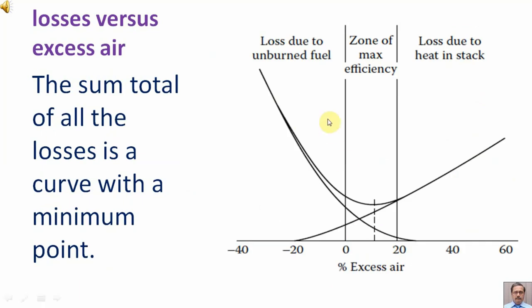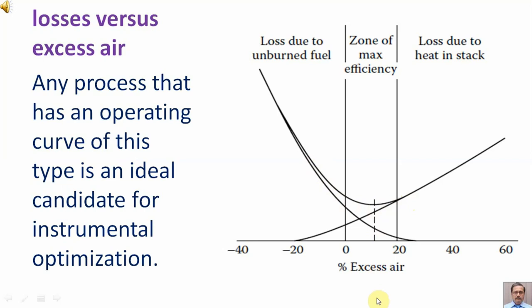The sum total of all the losses is a curve with a minimum point. Any process that has an operating curve of this type is an ideal candidate for instrumental optimization.